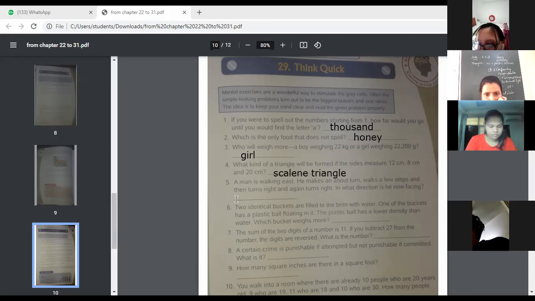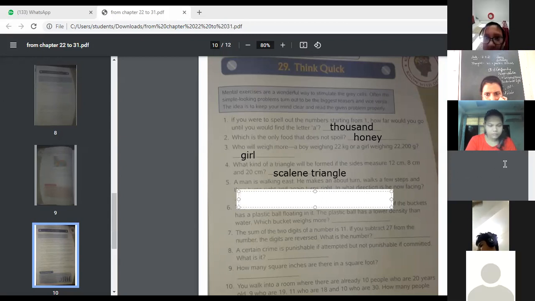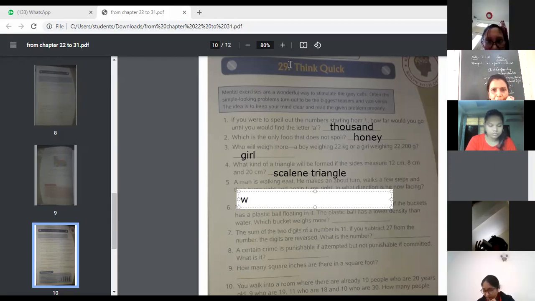In which direction is he facing now? Ma'am, west. East, then right is north, then right again is west. So what are you saying? Ma'am, first there was an about turn, so then west. He was facing east. Now which direction is he facing? You have to tell this.